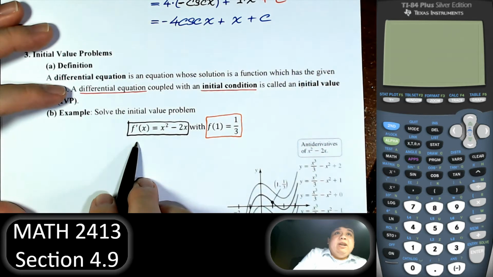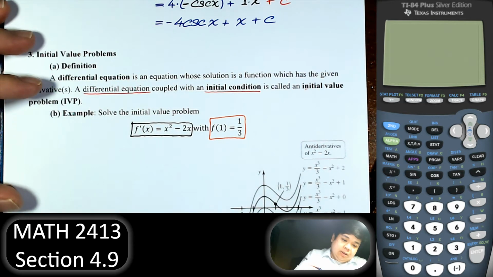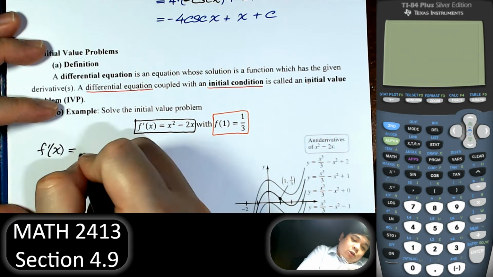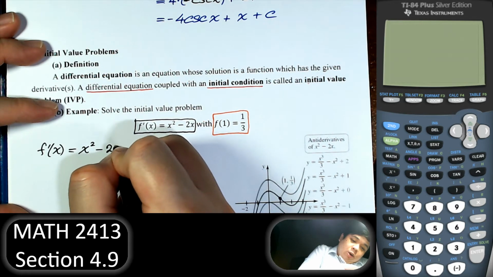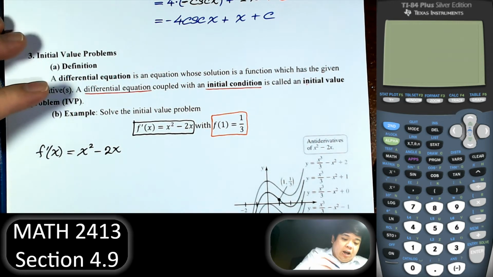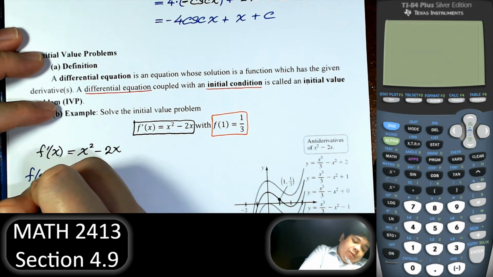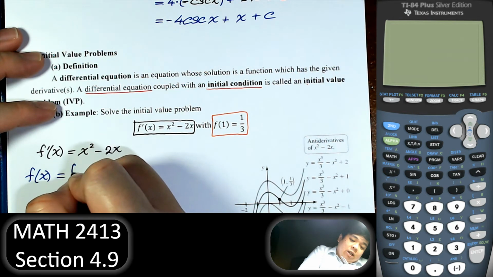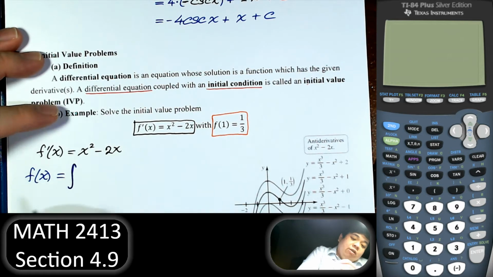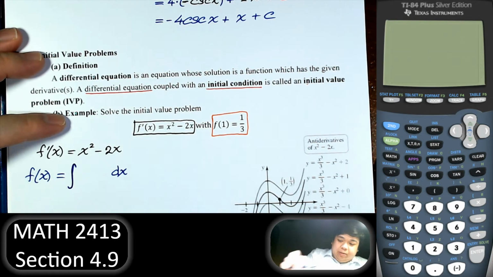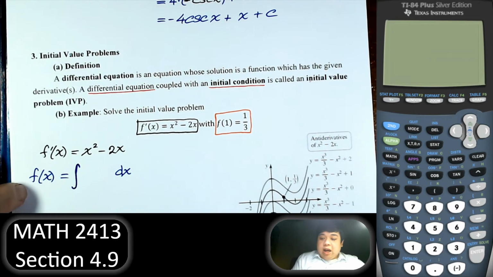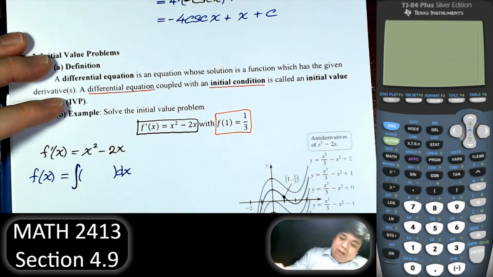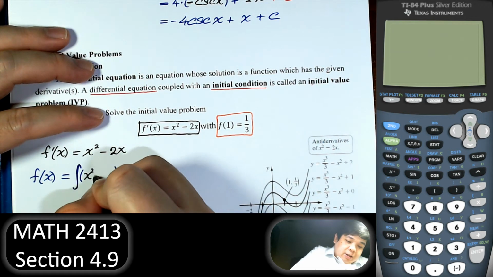Now, since the derivative is equal to this, to get back to the function, I will write, if we have the derivative equal to x squared minus 2x, to undo the derivative sign, what we do is we find the antiderivative. Just to make sure we have everything, we do the indefinite integral. We have the derivative, undo that, we have the integral, which is the set of all the antiderivatives. I'm going to put x squared minus 2x in it.